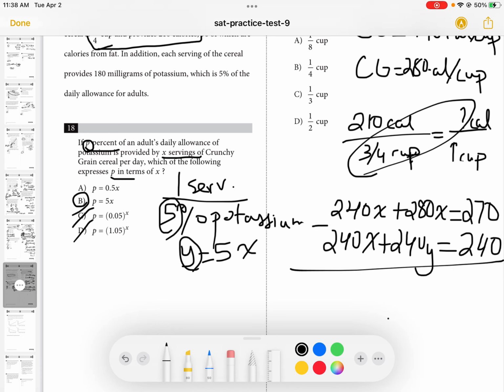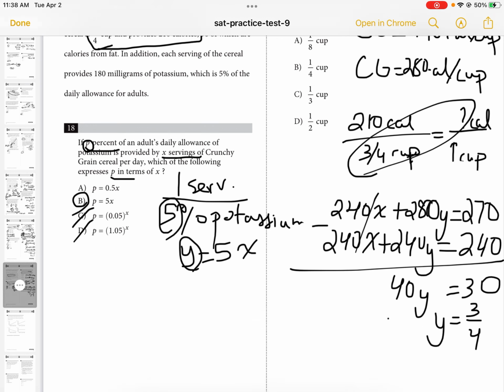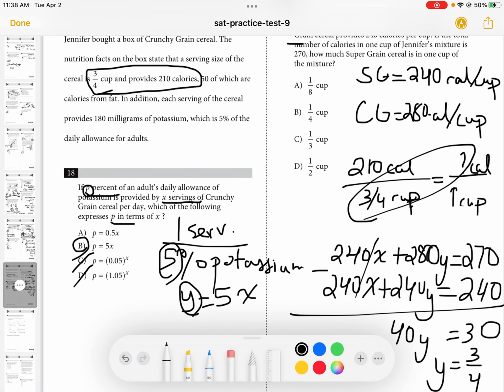When we subtract, we get, let's see, this is supposed to be a y. That's my bad. That 280x, that's supposed to be a y. Right? Okay, so the 240x's cancel. We get that 40y equals 30, and y is 3/4. So we get 3/4 of a cup.